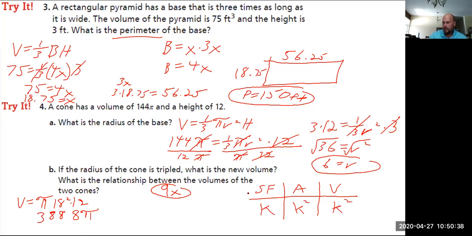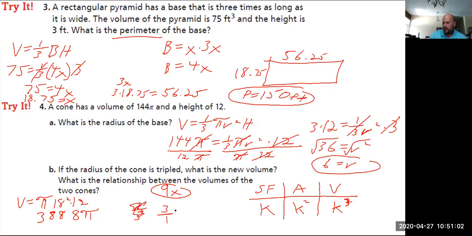So on this problem, when I came up with the 9, I was a little wrong because I only went to area. I didn't go to volume. I said cubed and wrote squared. There we go. So I only went to area. I didn't go to volume. So we said that the scale factor is a third. Sorry, 1 to 3 or 3 to 1, how you want to look at it. Let's go 3 to 1.